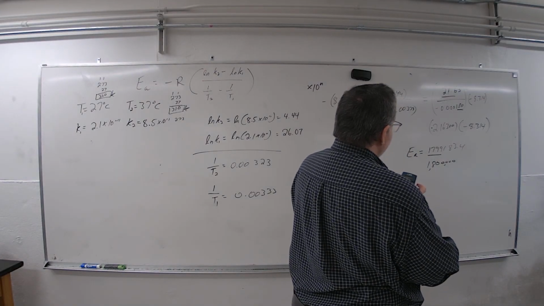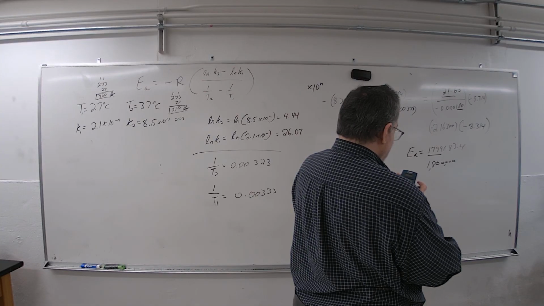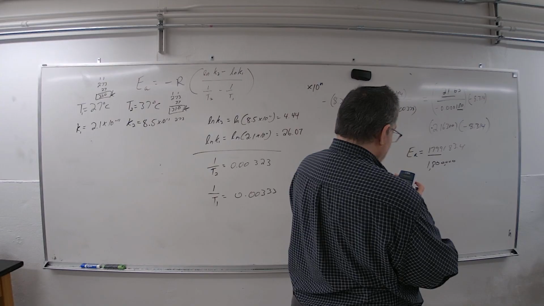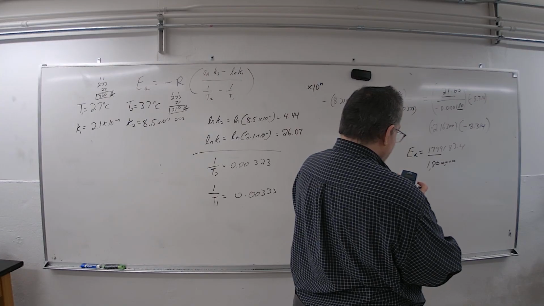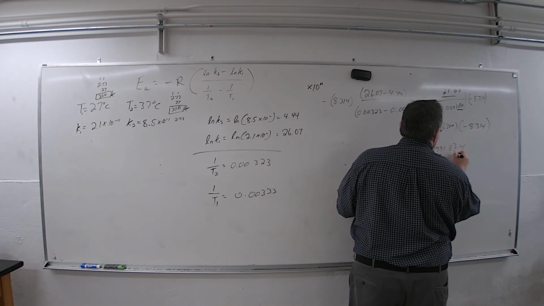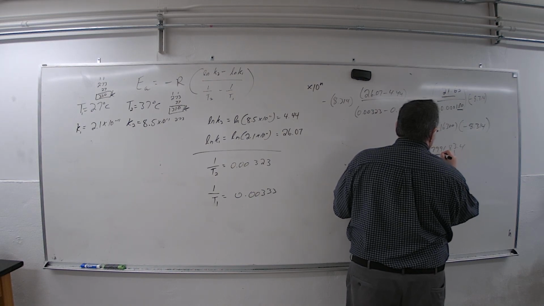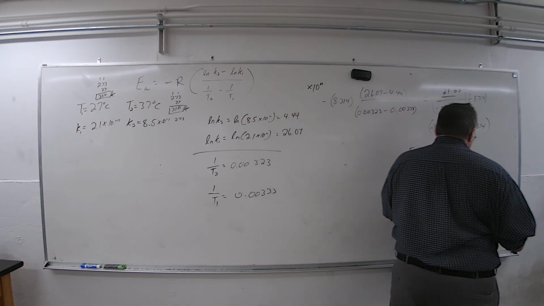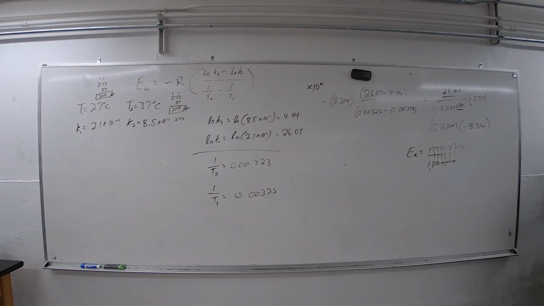Two, 1, 6, 300. 179, 9, 1, 0, 0, 0, 0. What happened? But it's this, and it's a difference of rounding.